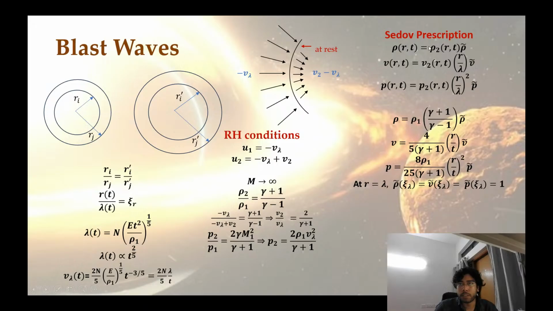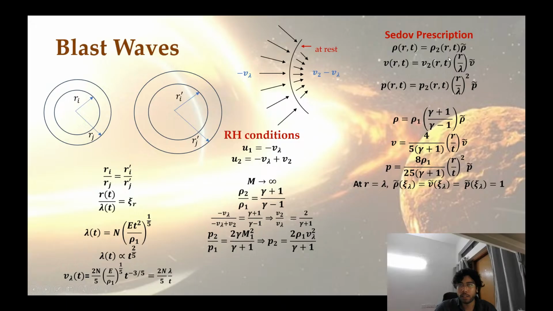But let's assume that we can always represent the density of this region as rho 2 times rho tilde, where rho 2 contains the dimension of density, whereas rho tilde is a dimensionless quantity. We have done this before, right? Similarly, we can express velocity as v2 times v tilde, and we have this r by lambda factor associated with it. But if you remember, r by lambda is basically a constant, so this doesn't matter.